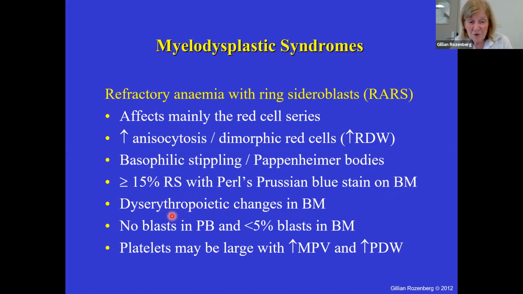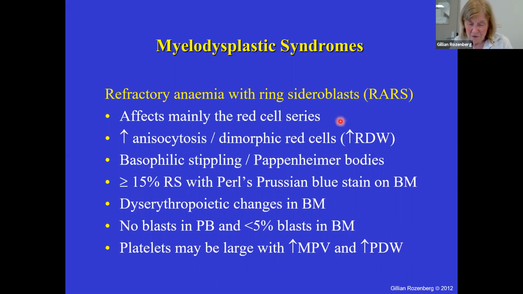Then you'll see dyserythropoietic changes in the bone marrow. You won't see any blasts in the peripheral blood or the bone marrow. Platelets may be large with a high mean platelet volume and a high platelet distribution width.